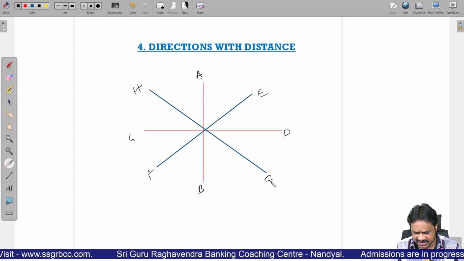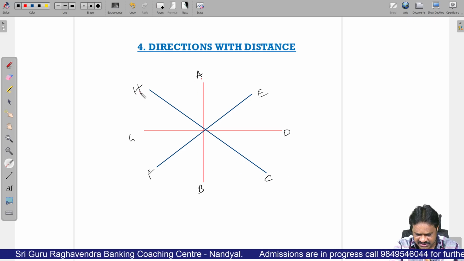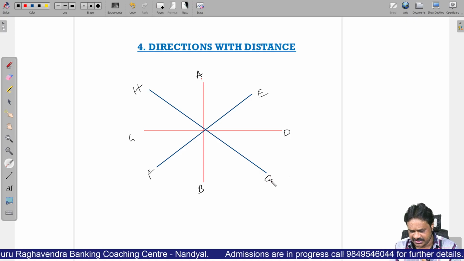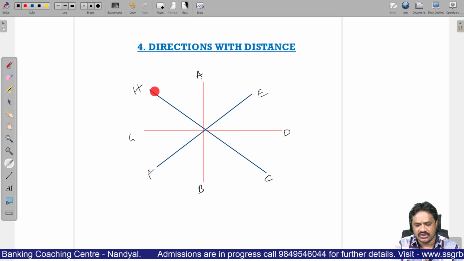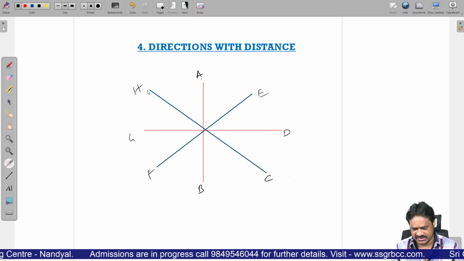Where is C with respect to A? With respect to A, C is southeast. Where is H with respect to C? When you see from C, H is to the north and to the left side. So that is called the northwest direction. Like that you have to see the directions.